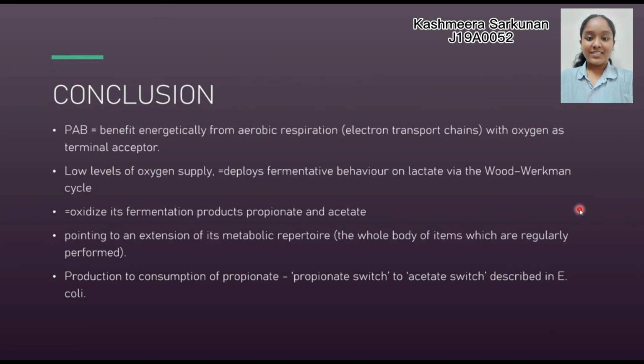At the same time, it points to an extension of its metabolic repertoire. There is a switch from production to consumption of propionate, which is also known as the propionate switch, to the acetate switch, as described in E. coli.